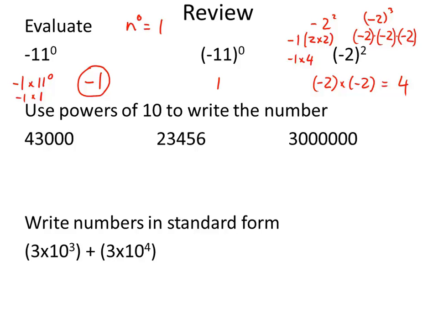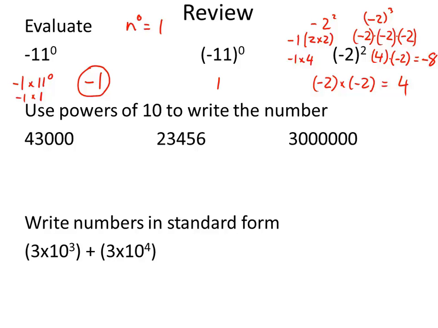So negative 2 times negative 2 is positive 4. And then we have times a negative 2. So 4 times 2 is 8, but one of them is a negative, and so it would be negative 8. Okay, so you're going to have to make sure to watch those brackets and those exponents as well.